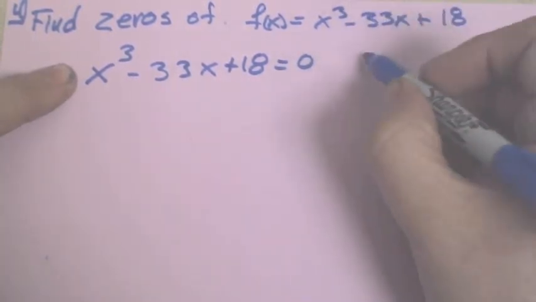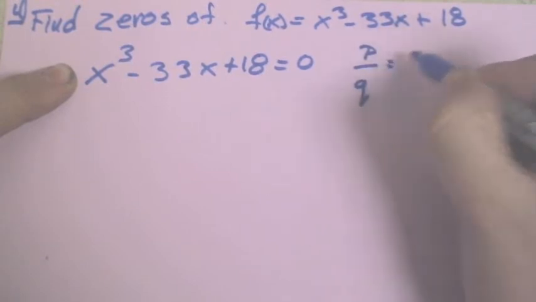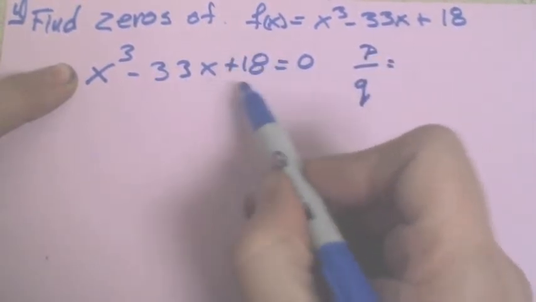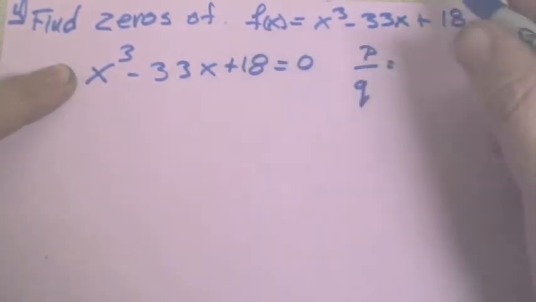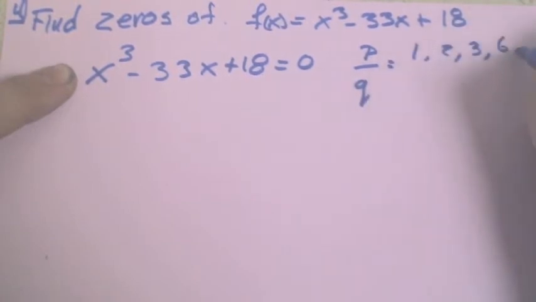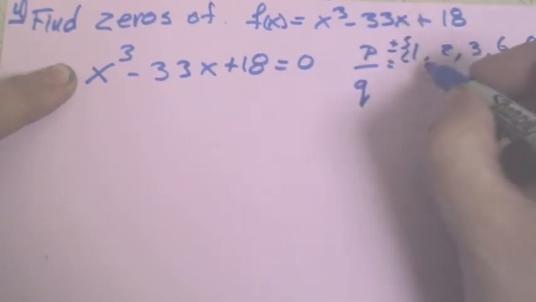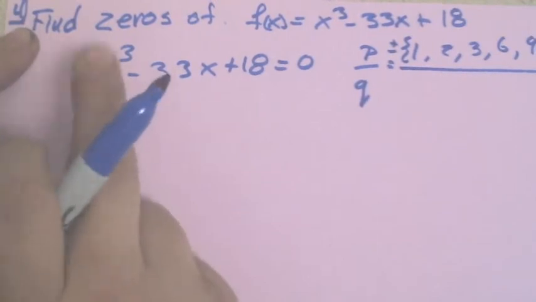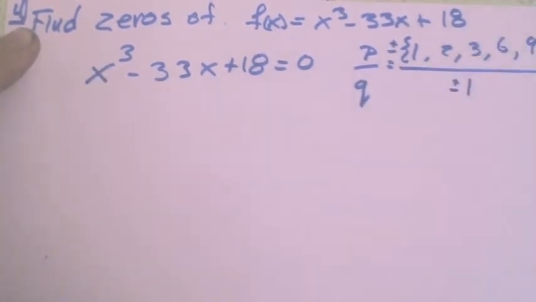One was your rational root theorem to find your possible rational zeros. So the factors of 18 over the factors of the lead coefficient. So the factors of the constant are what? 1, 2, 3, 6, 9, and 18. And then, of course, positive or negative. Nice thing in this one, the factors of the lead coefficient are just positive and negative 1.